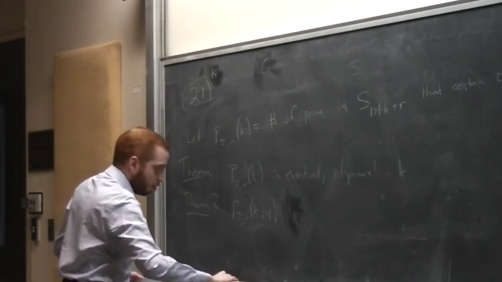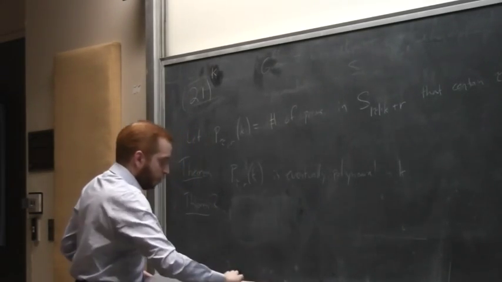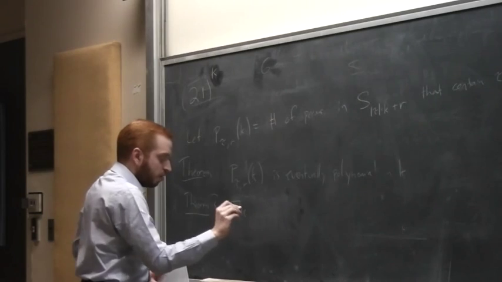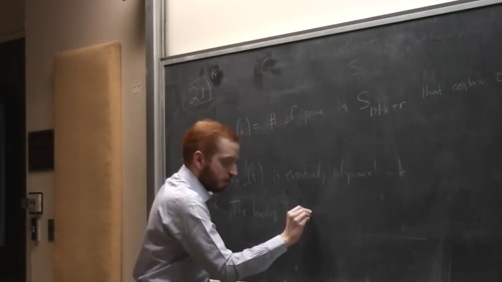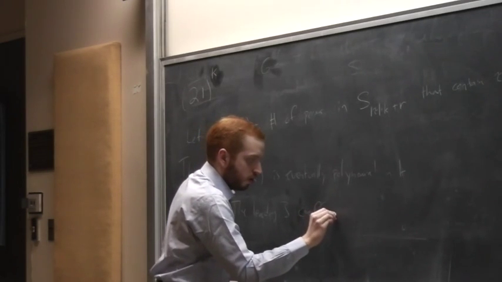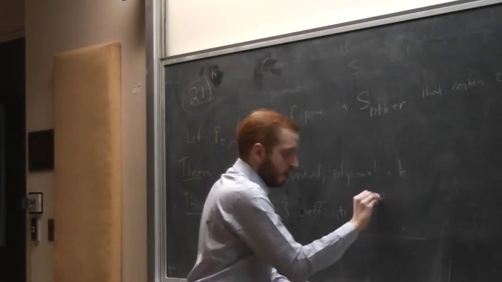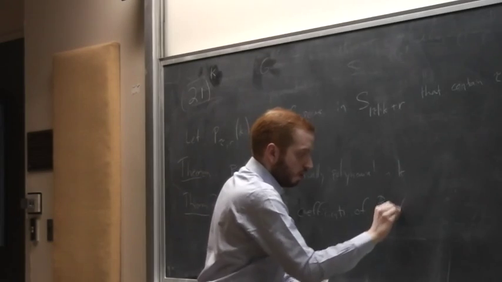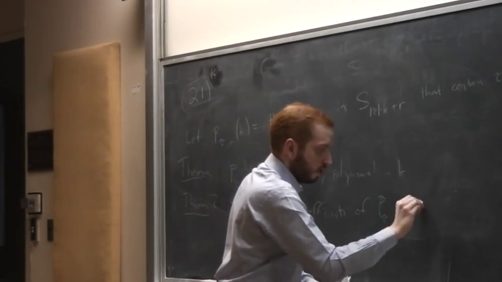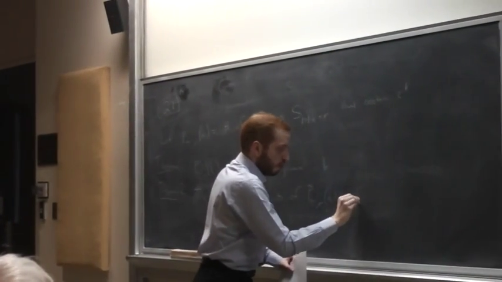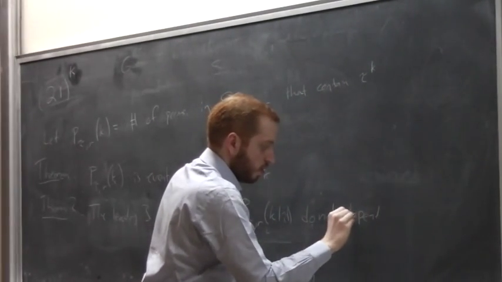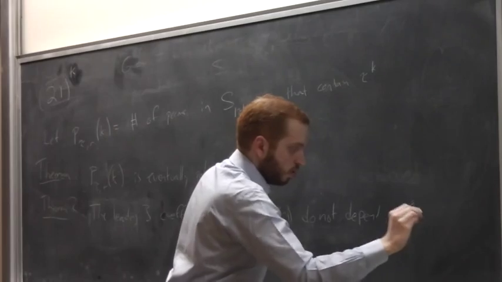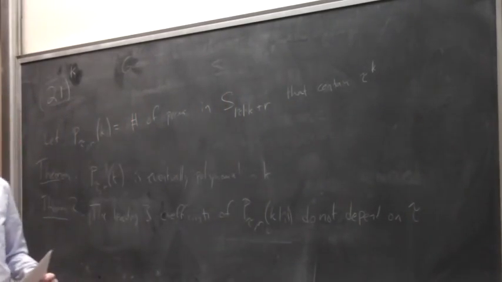I'm going to say the first three, the leading three coefficients of P tau R of K times size of tau do not depend on tau.